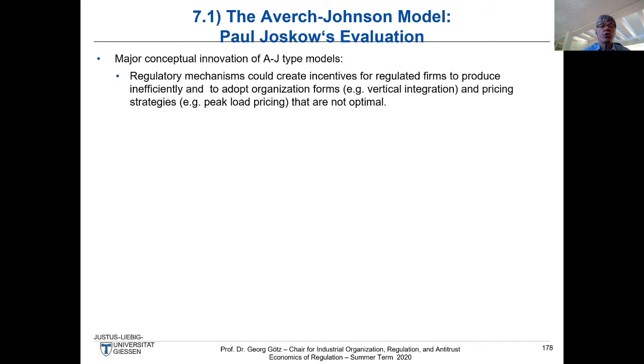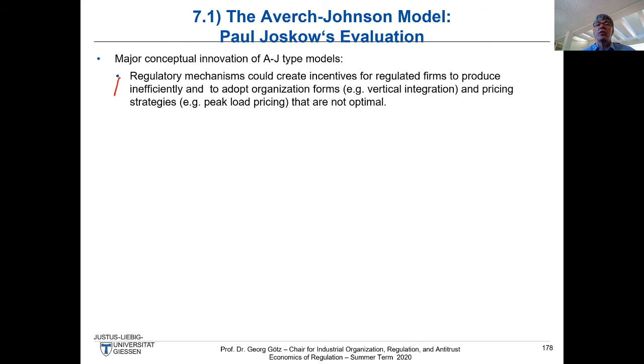What is Joskow's evaluation of this Averch-Johnson model? Perhaps first of all, I think the Bundesnetzagentur considers this an important problem, and is always wary of overinvestment, and we have all these investment budgets. If you want to invest as a transmission system operator, you always have to go to the Bundesnetzagentur and submit your proposal of this investment.